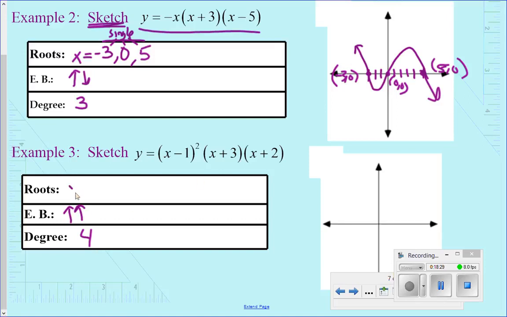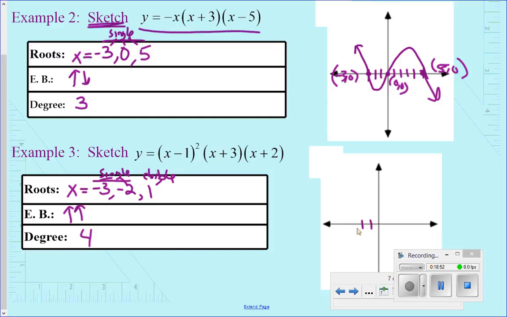I can see x equals -3 would be the smallest, -2 would be next smallest, and +1 would be the biggest. And -3 and -2, those are singles, but +1 is a double.